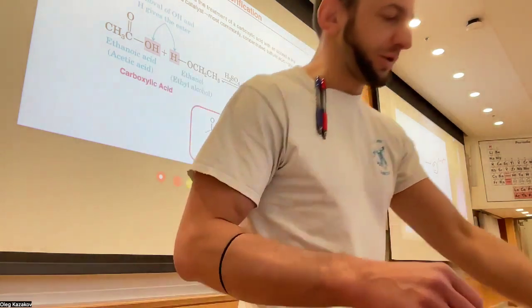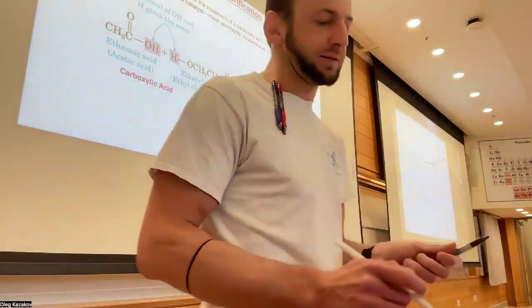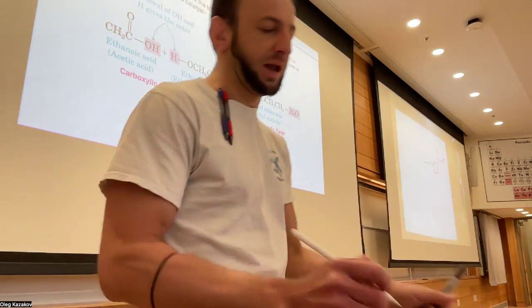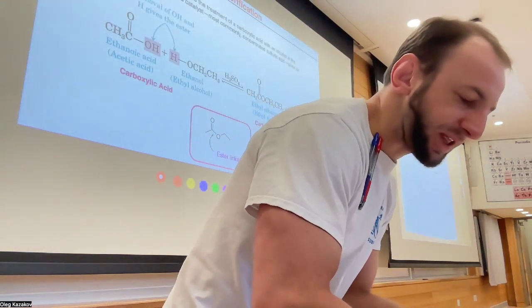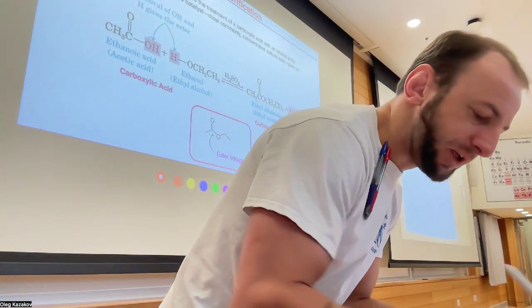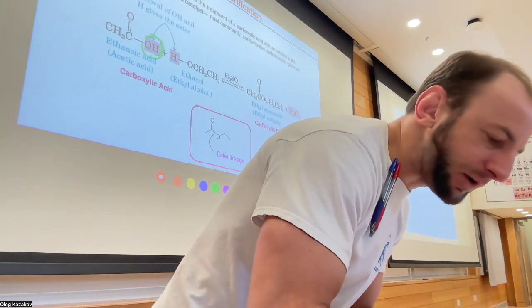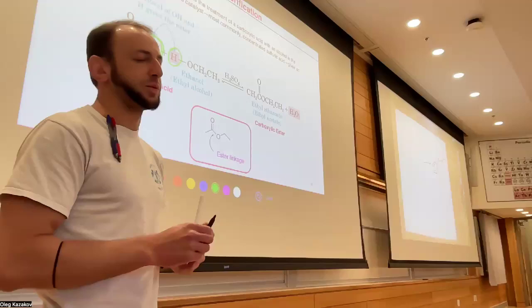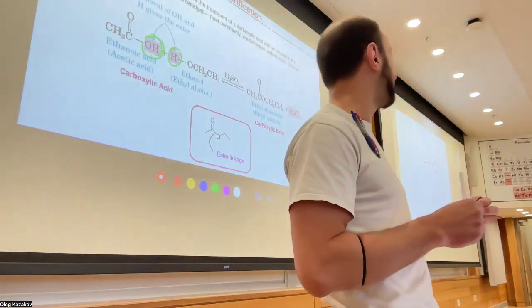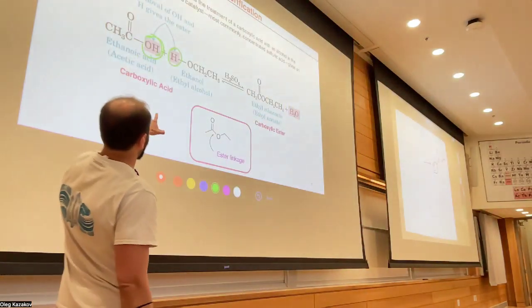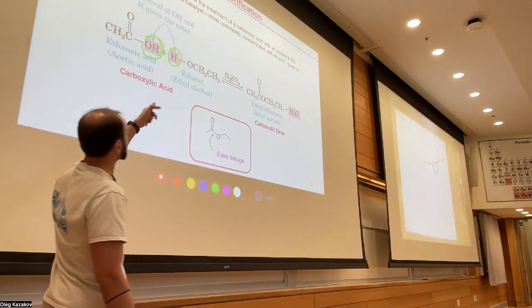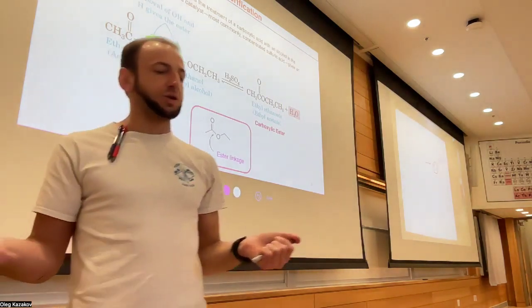What you're going to pay attention to is that water will be eliminated. Take a look at your acid here. The acid will give away OH according to the experiments, and the alcohol will give away H. Together you will have minus H2O.